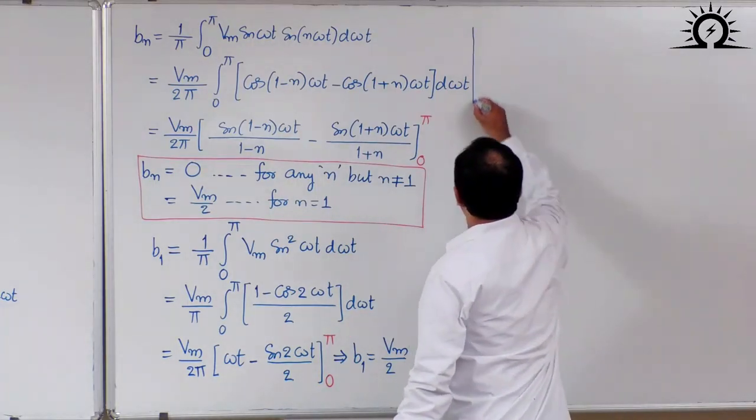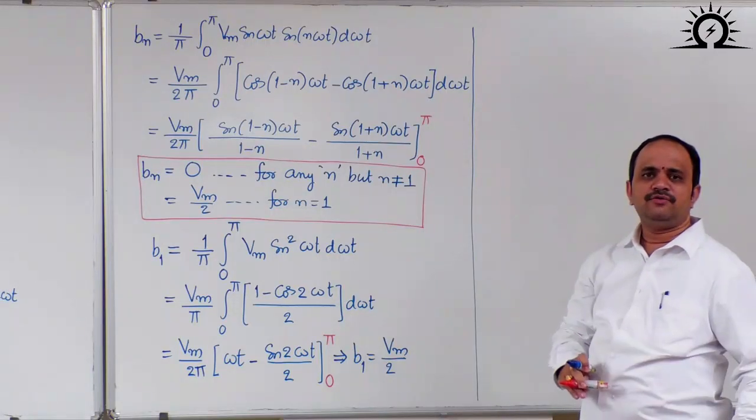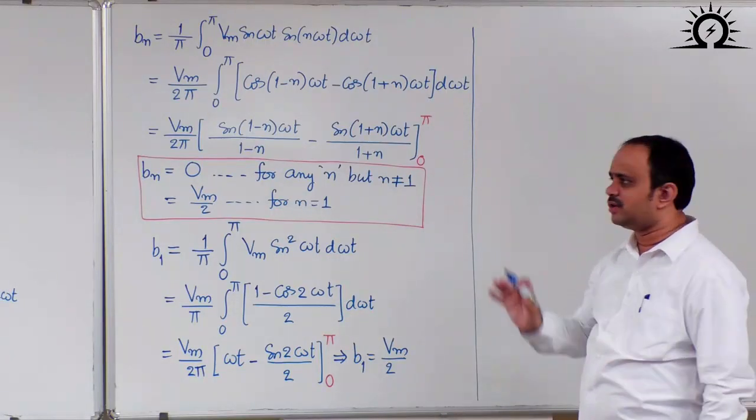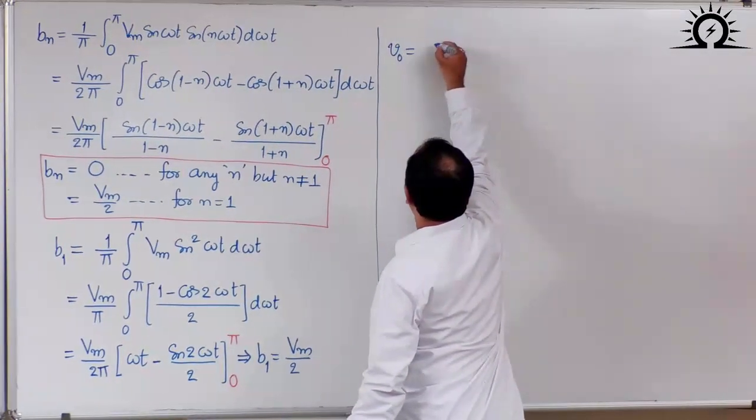Now what is our objective? Our objective is to find the Fourier series expression for the given function. Let me write down that function here.